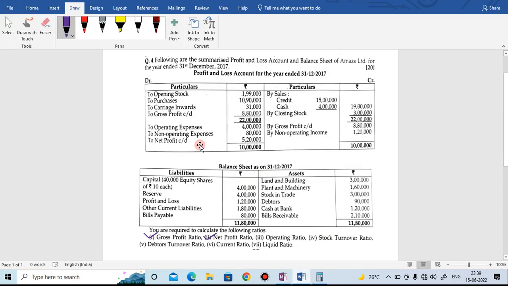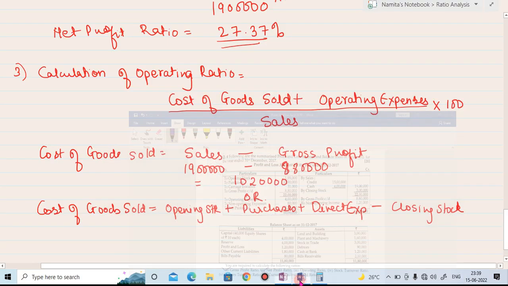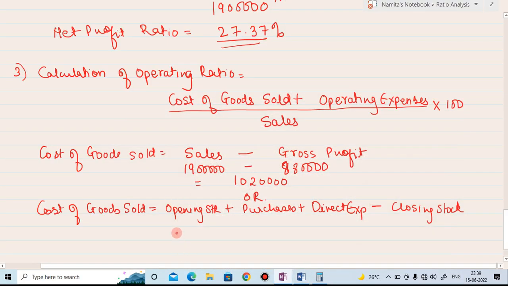Now in this example, see, opening stock is 1,99,000, plus purchases.